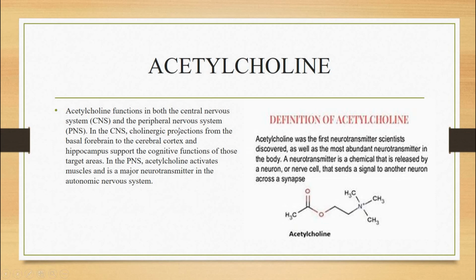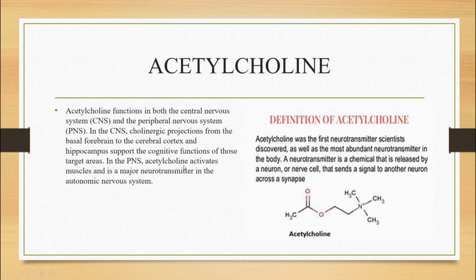Acetylcholine is basically the most abundant neurotransmitter that is present in our body. It is present in both the central nervous system and the peripheral nervous system. In the central nervous system, the cholinergic projections from the basal forebrain to the cerebral cortex and hippocampus support the cognitive functions for those target areas.